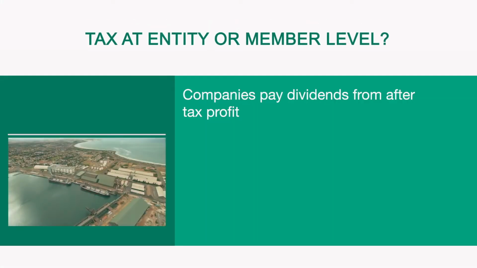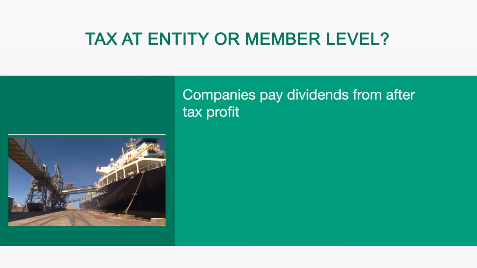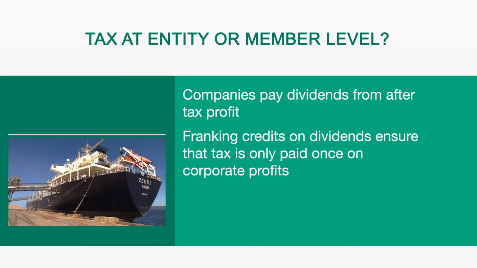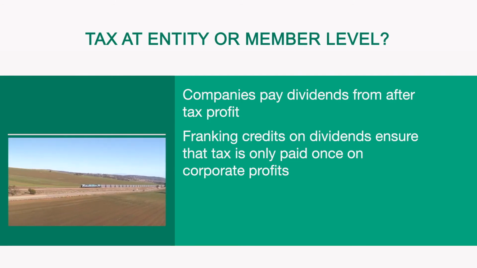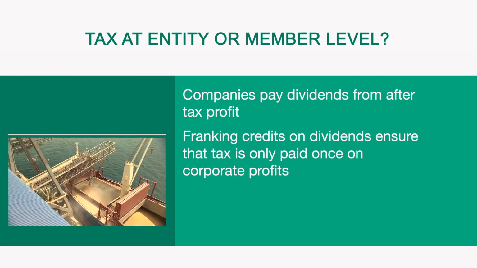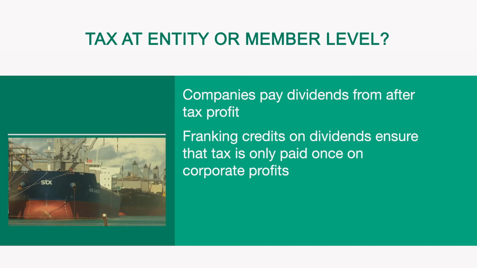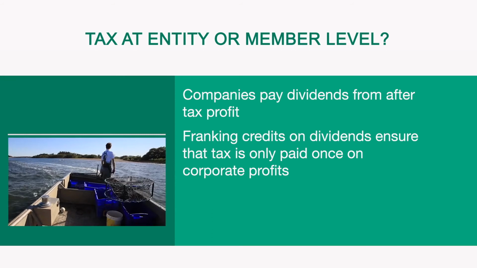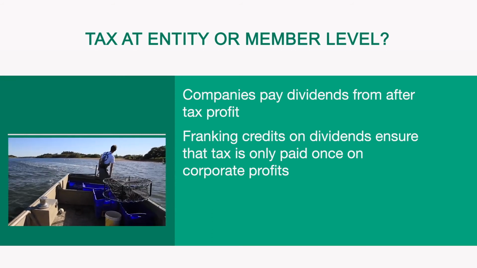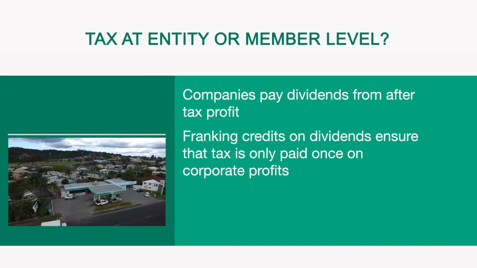Companies only pay dividends from after-tax profit. To ensure tax is only paid once on these profits, the dividends carry a franking credit, representing the amount of tax paid on that dividend. Shareholders claim the franking credits to obtain a personal tax rebate of the tax already paid by the company.